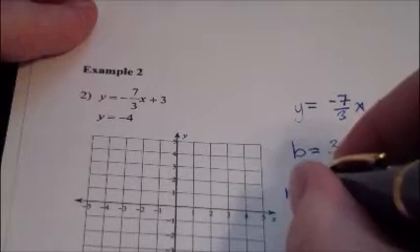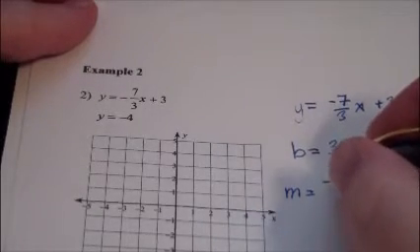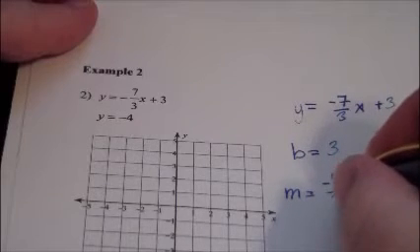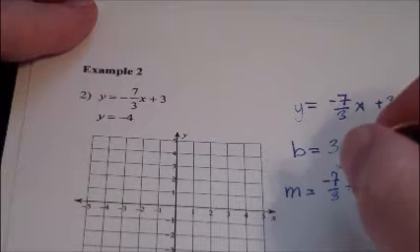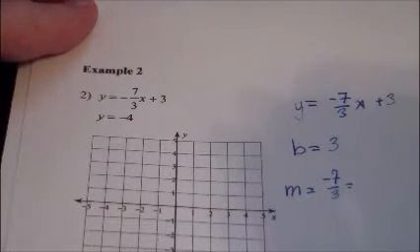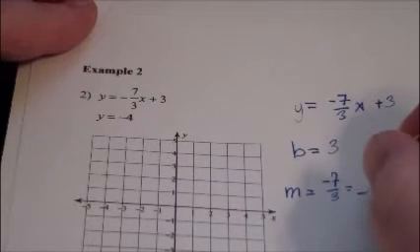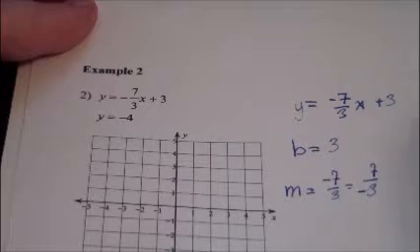Identify the slope. Well, it's negative 7 over 3. We could also rewrite that as, since there's only one negative, we have the choice of that negative being in the numerator or in the denominator.